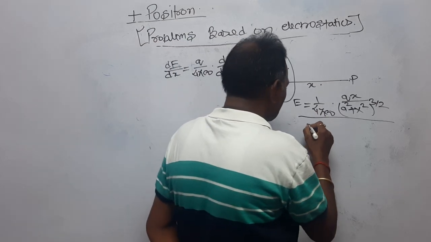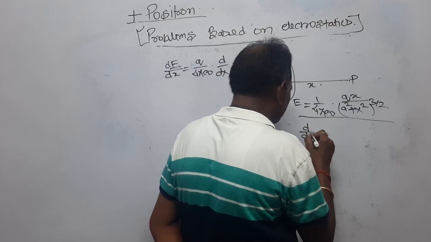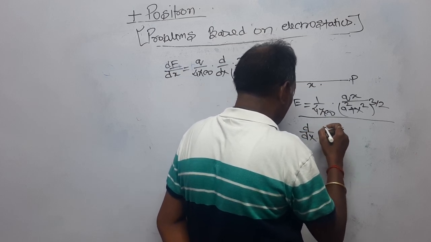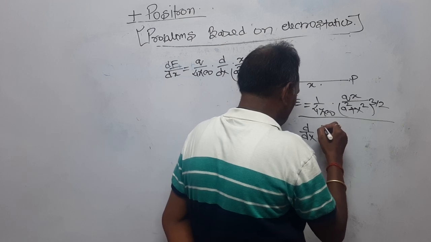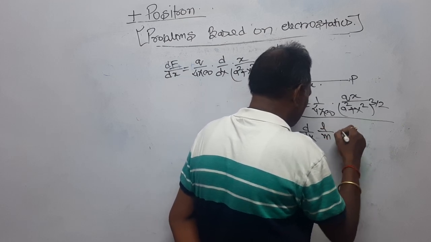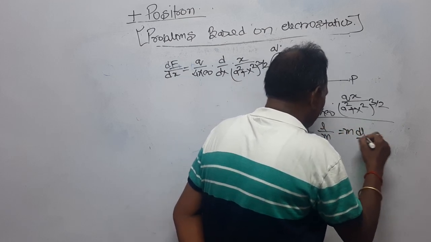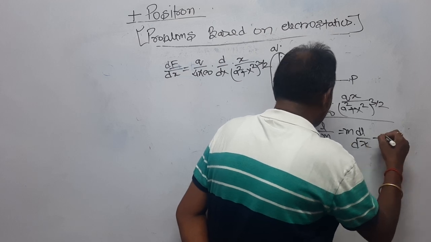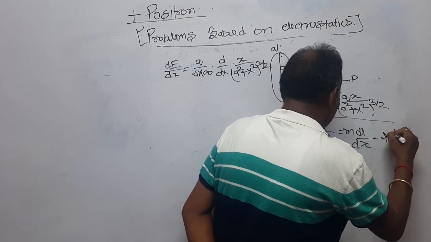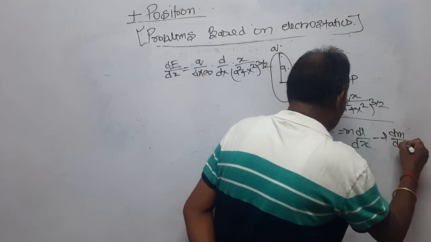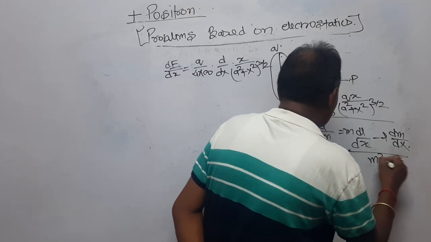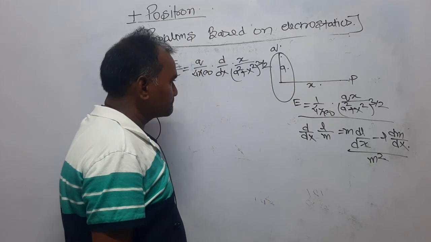You know there is a formula: d by dx of L upon m is m dL upon dx minus L dm upon dx, over m square.